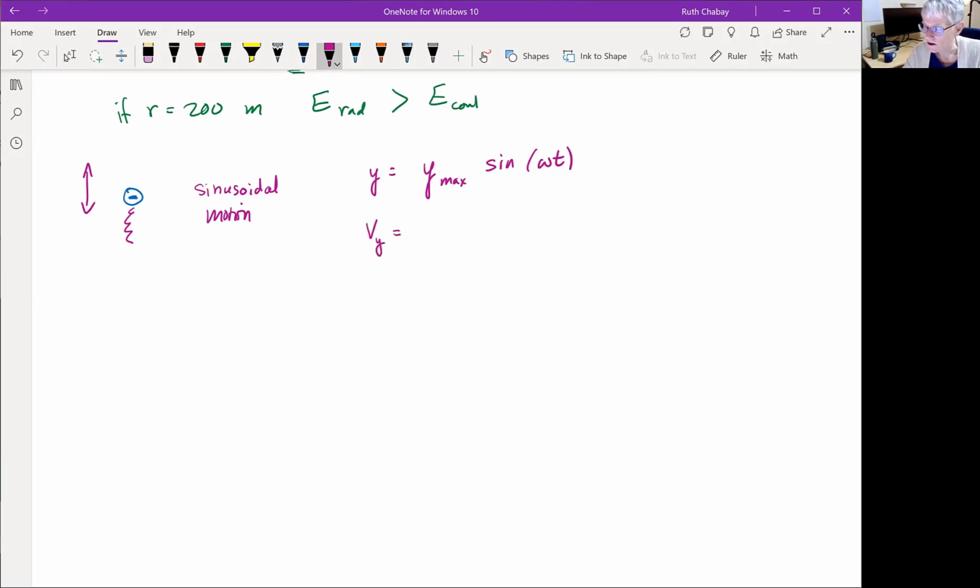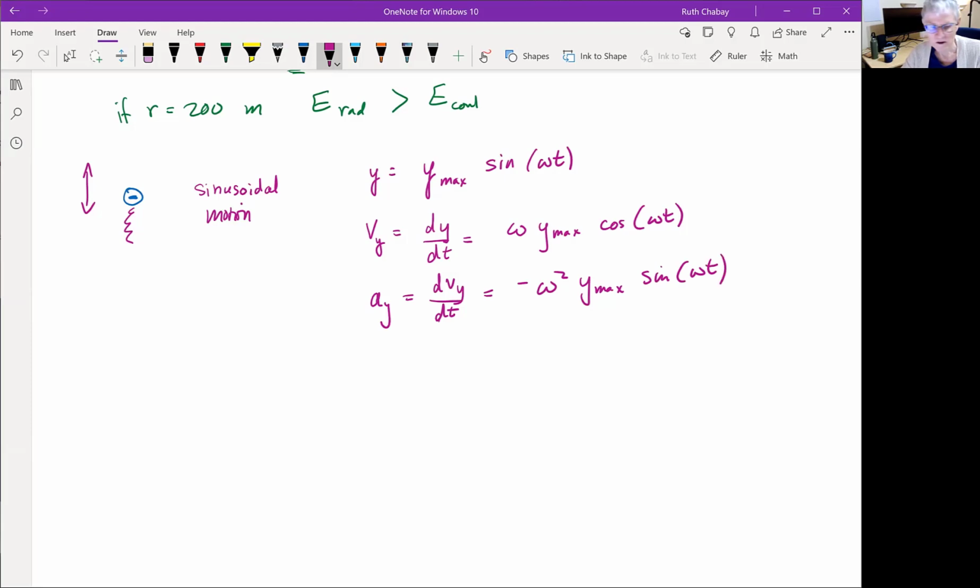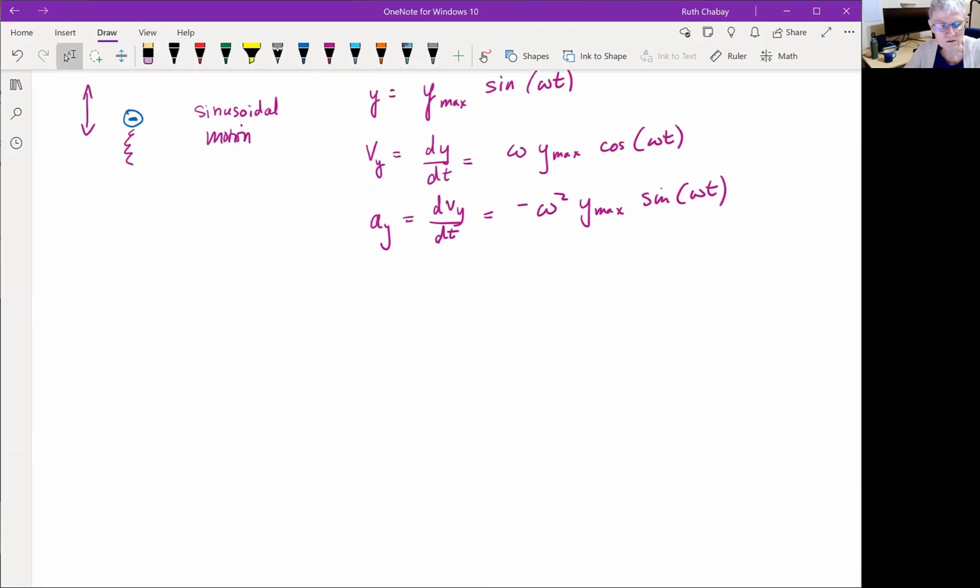So the velocity in the y direction would be dy dt, and so we'd get omega y max cosine omega t. And the acceleration is just dvy dt. So we'd actually get a sinusoidal acceleration. We'd get minus omega squared y max sine of omega t.